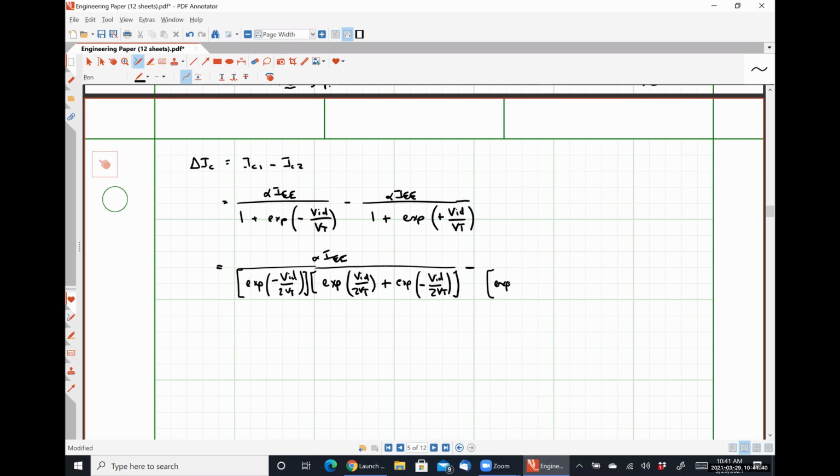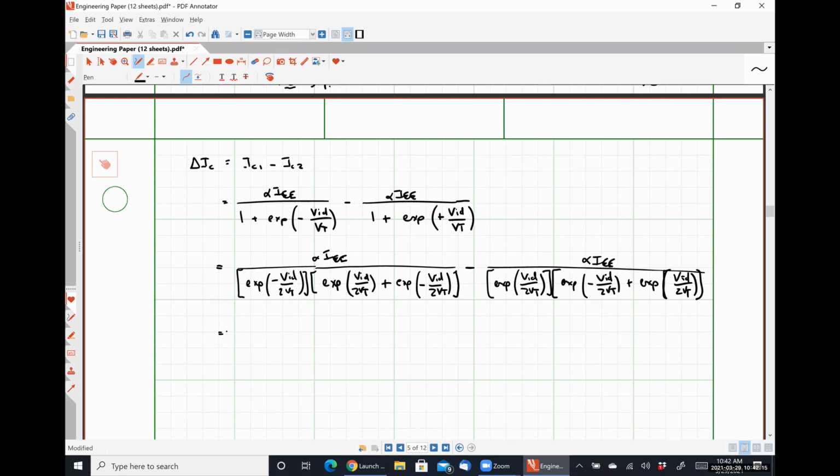I'm going to take out a factor of EXP to the positive VID over 2 VT, which is going to leave me with EXP negative VID over 2 VT plus EXP positive VID over 2 VT. Close that off. Alpha IEE. And I now have a common term.